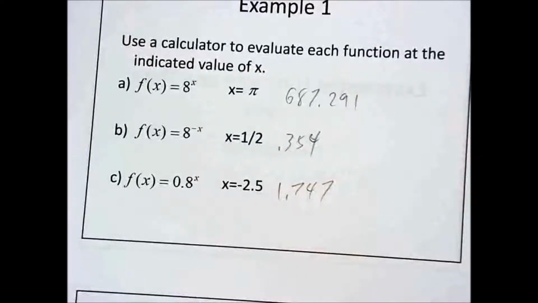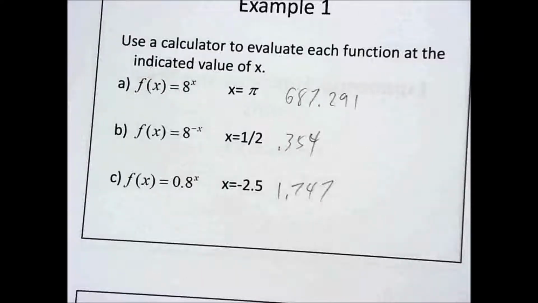Anybody have a problem getting those answers? Which one did you type in wrong? I had an error on number 3. For the third one? Did you do 0.8? Did you do a negative sign or a minus sign by accident? Yeah, I think that's a minus sign. Try 0.8 and make sure you get negative instead. But yeah, it looks like you had a minus sign. Okay.